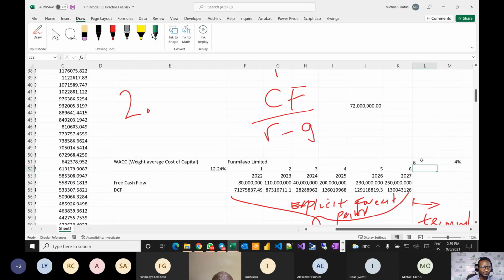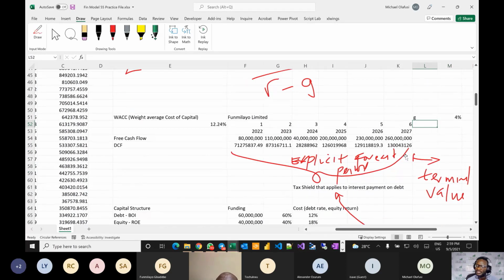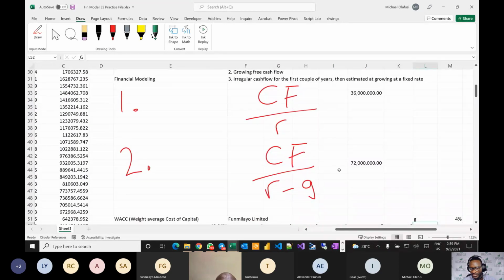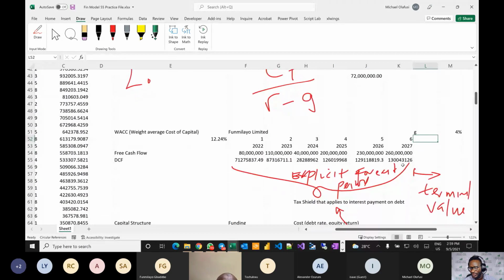So if we say this is going to keep growing at 4% every year, at least the business should be able to keep growing long-term cash flow at 4%, maybe in tandem with inflation and general economic reality. Then we have to use this number 2 formula. If it's going to keep growing at 4%, what does that mean?